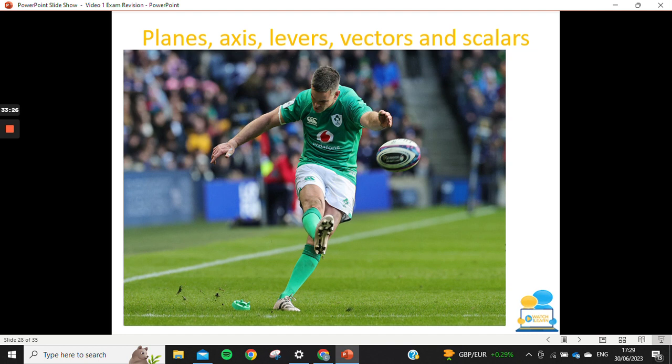So again, the kicker will be trying to kick the ball towards the posts, but if the foot moves slightly and directs the ball towards another direction, then the ball will not move towards the post. That's Newton's second law, the law of acceleration, in practice in both sprinting and rugby.